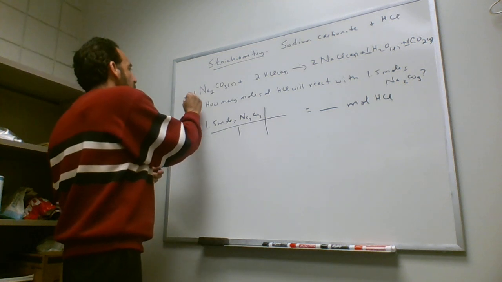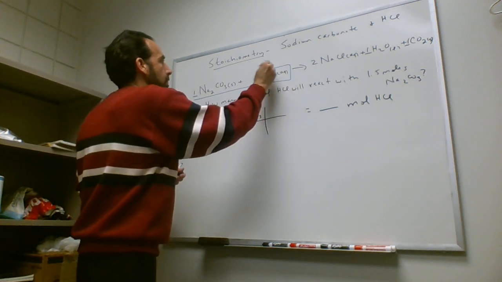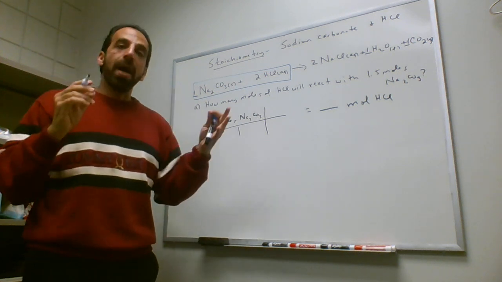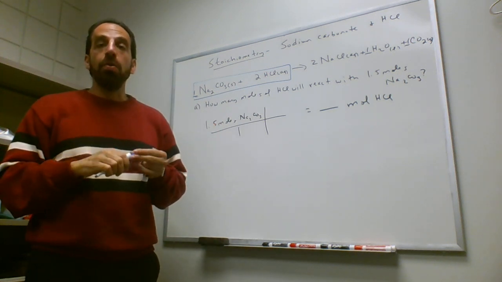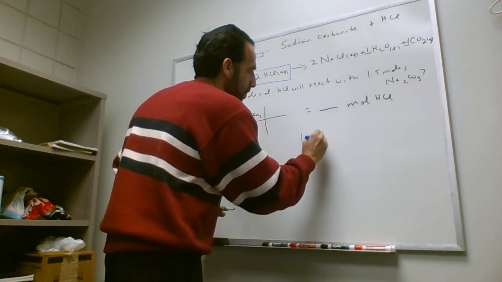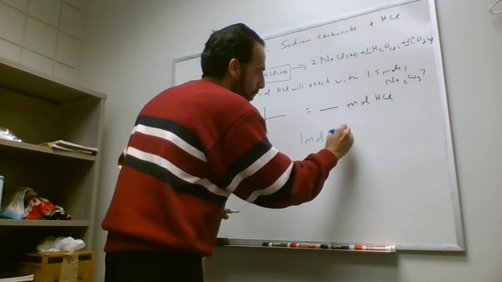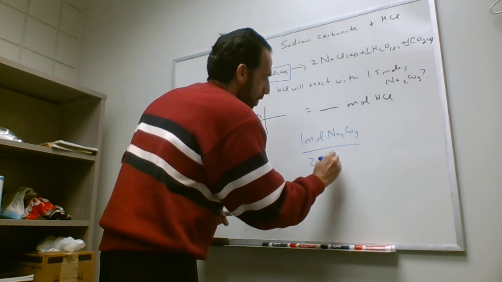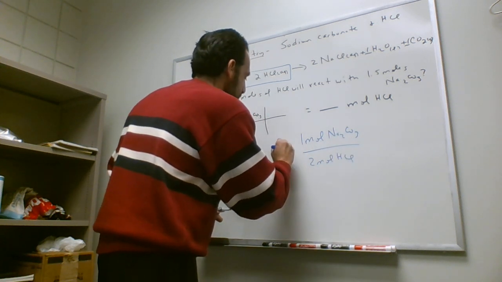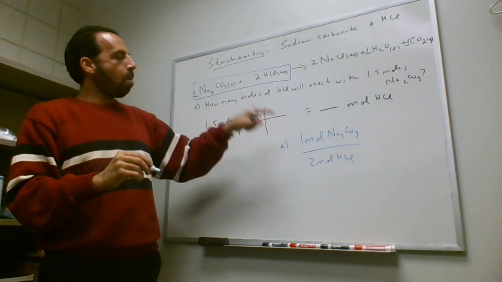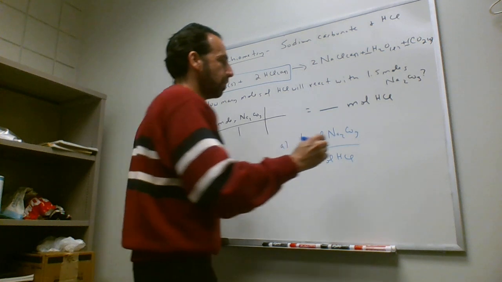I know that 1 mole of this will react with 2 moles of HCl. I can write that as a unit factor if you want to. We can write like this. We can say 1 mole of Na2CO3 over 2 moles of HCl, or I can write the reverse.